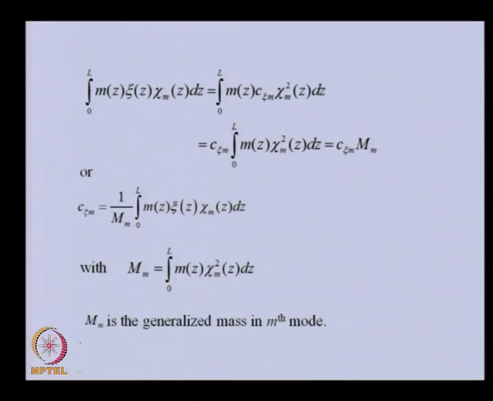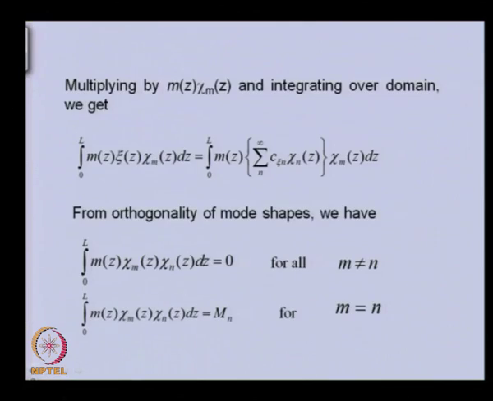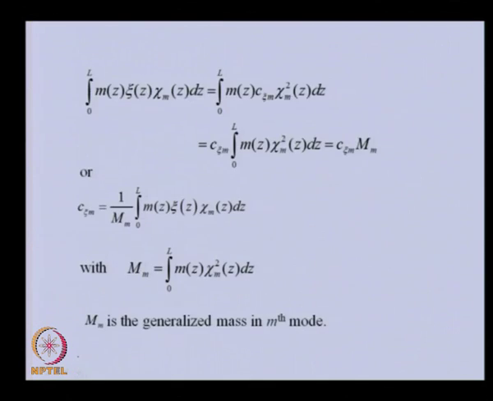So, using this orthogonality condition, we can simplify the previous equation which we multiplied. This equation is as it is, but now you can see that for m equal to n, only that term is there, and the remaining terms are 0. Because this is a constant, it will come out, and this quantity we defined as the modal or generalized mass.